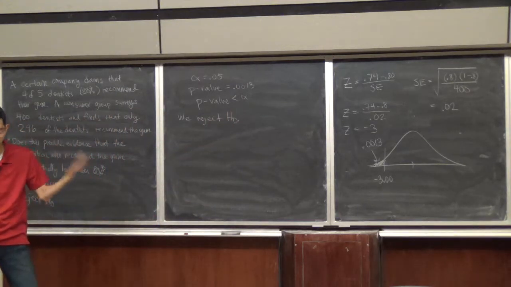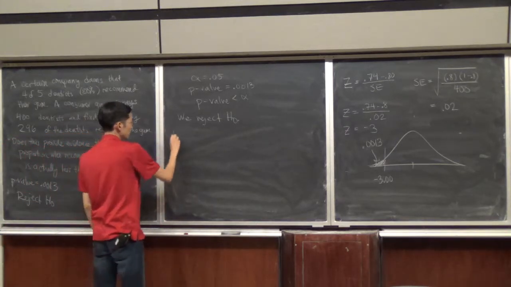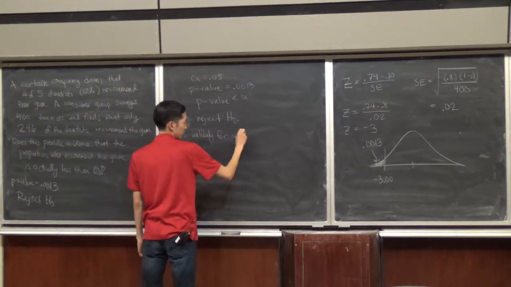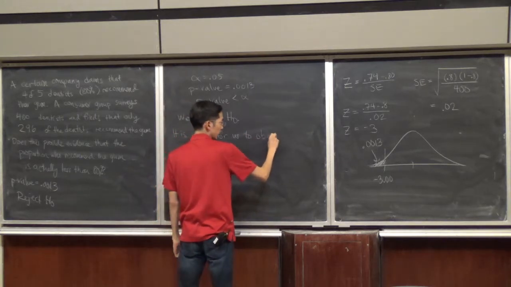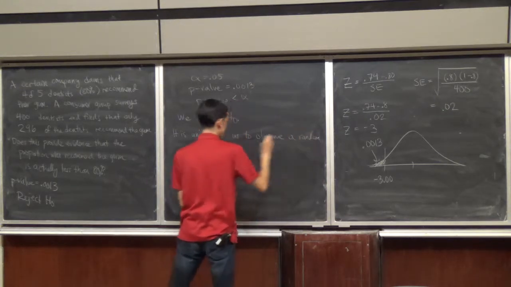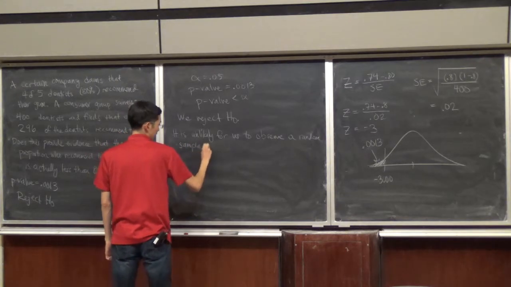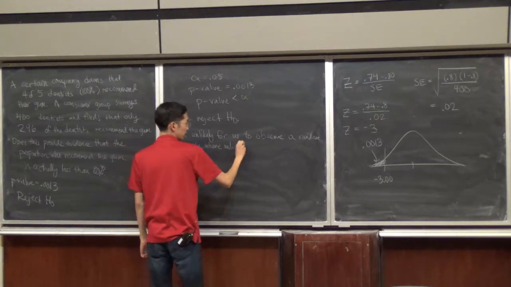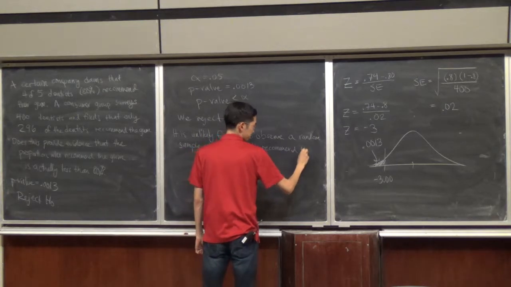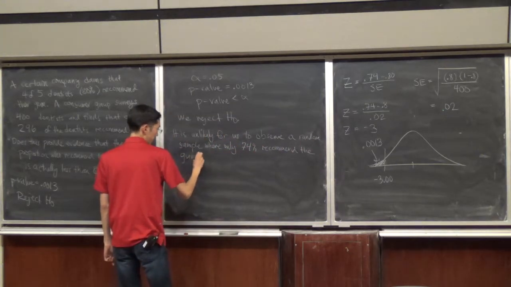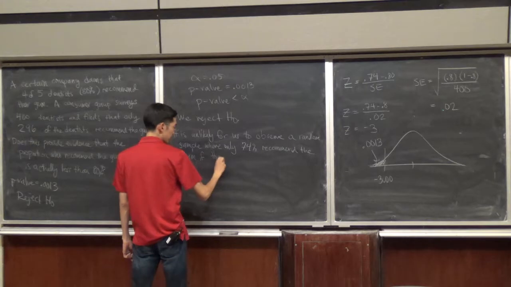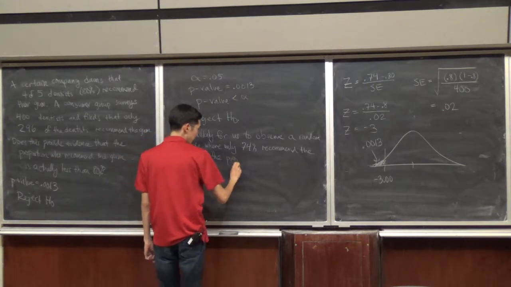And that means it is unlikely for us to observe a random sample where only 74% recommended gum, if the proportion of supporters is actually 80%.